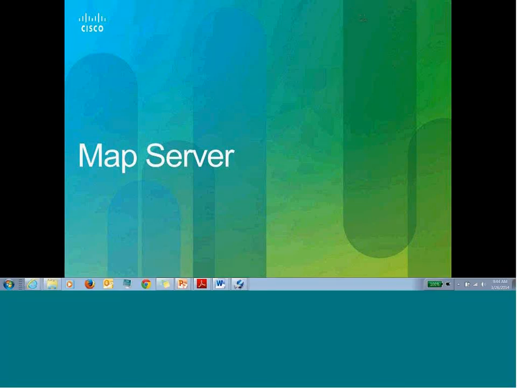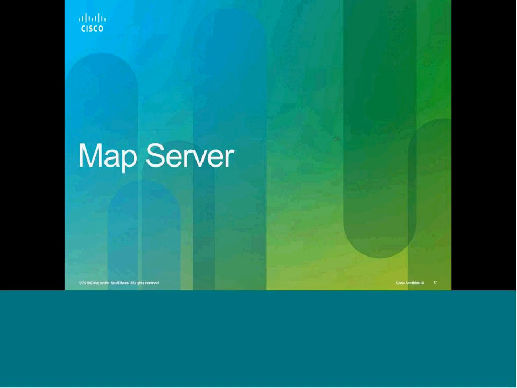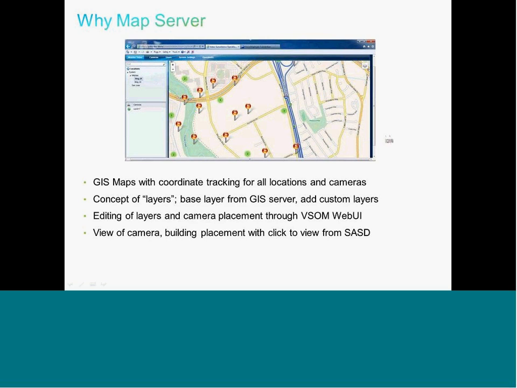Let's talk about the map server now. The map server with 7.5: we had static images in 7.2 on which you could position your cameras and do fancy things, but that was restricted to the smaller static images.